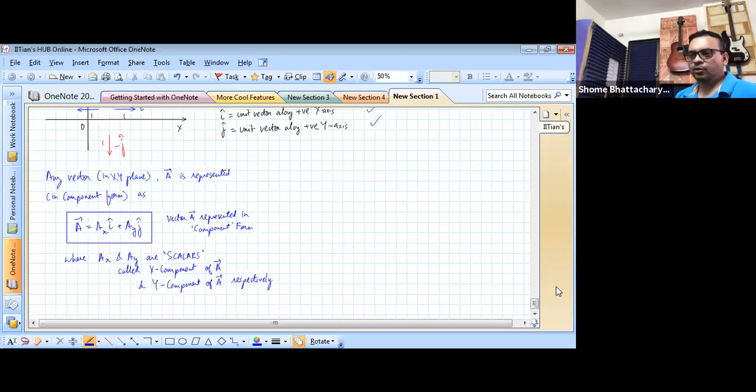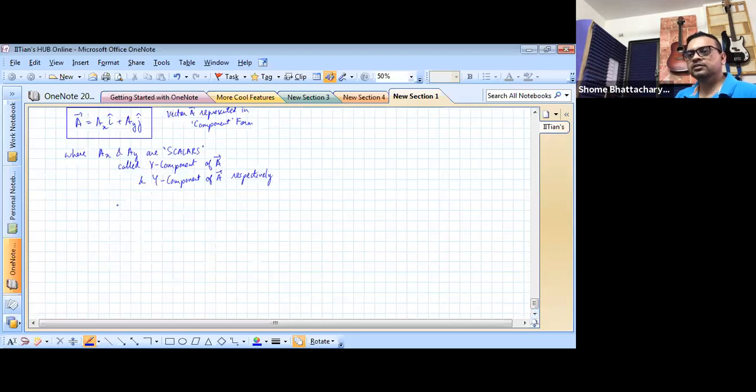Now let's understand what is the relationship between the vector's magnitude and direction with respect to Ex and Ey. So let's look at the geometrical meaning of Ex and Ey, that is the components.